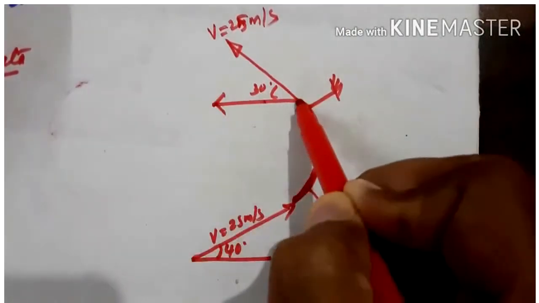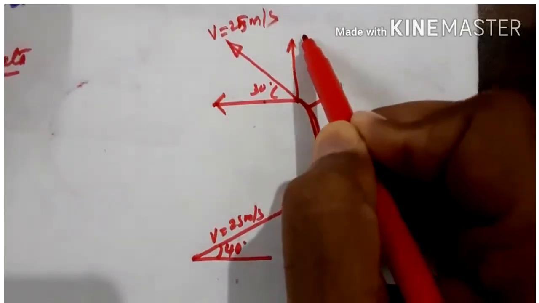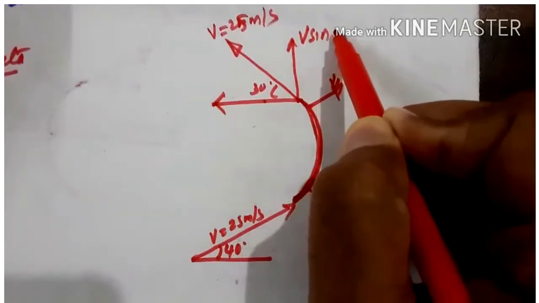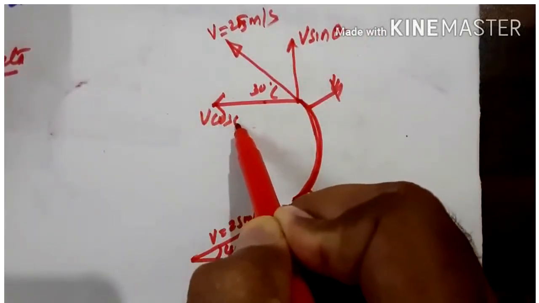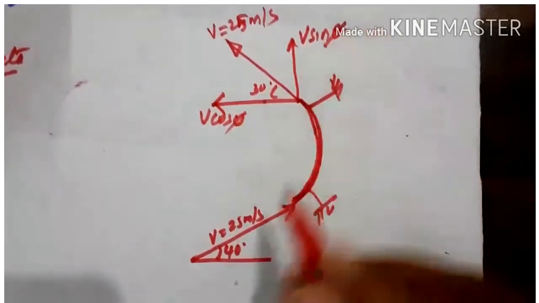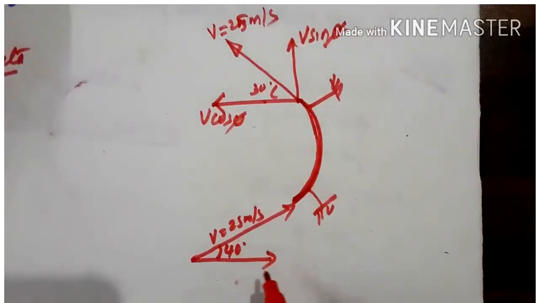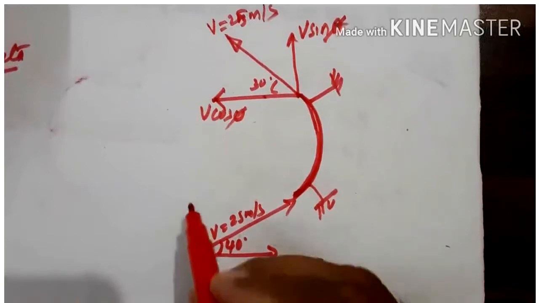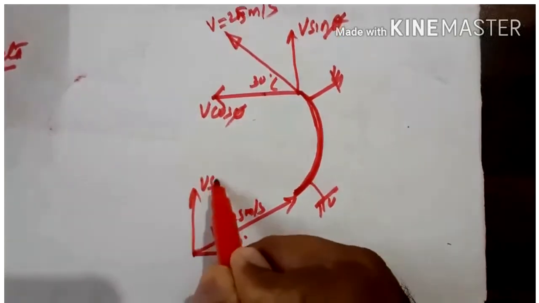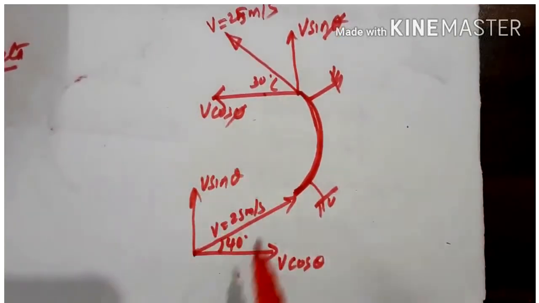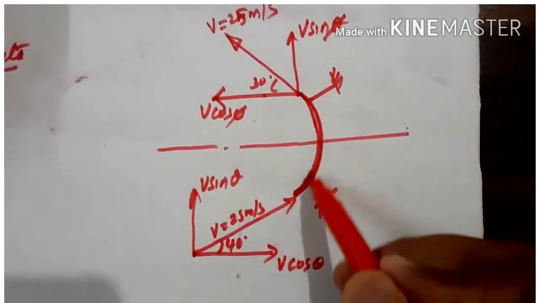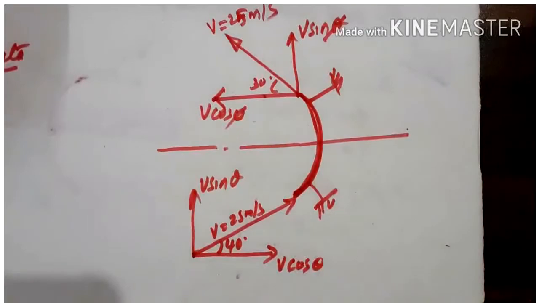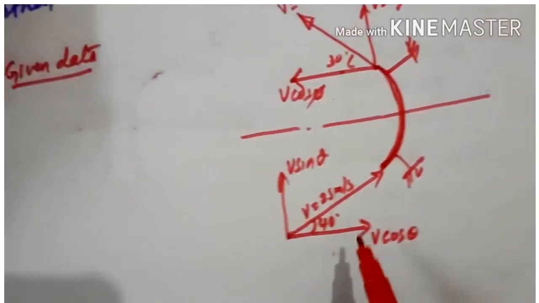When you resolve it, you will get V sin theta and V cos theta; you can take this angle as theta. So this is an unsymmetrical case, unsymmetrical about the x-axis. So let us solve this problem.